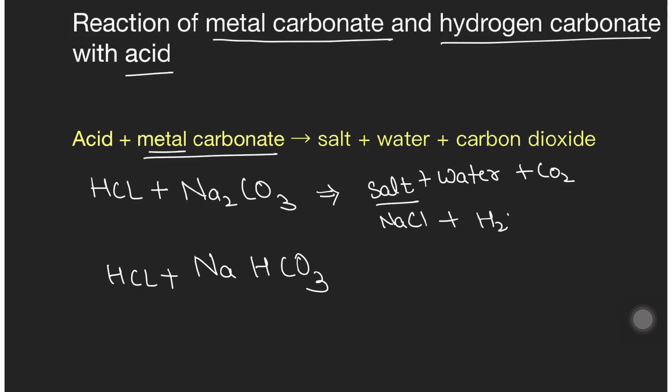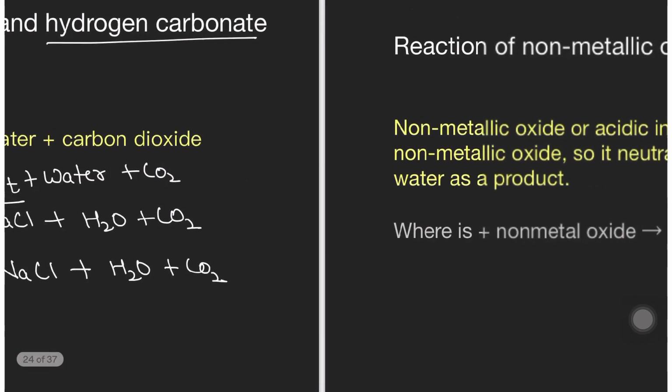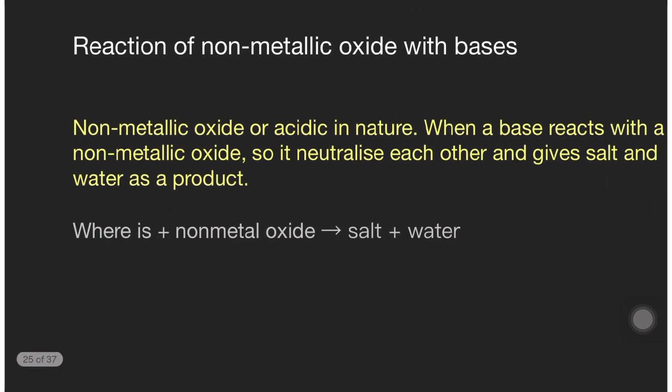The salt that will be produced will be sodium chloride, and water and carbon dioxide will be produced. In the second case as well, sodium chloride will be the salt that is formed, and apart from that, water and carbon dioxide will be produced.